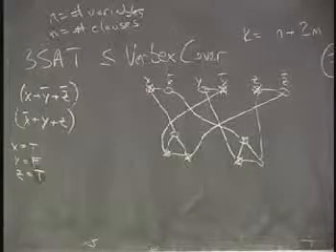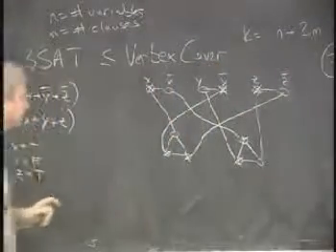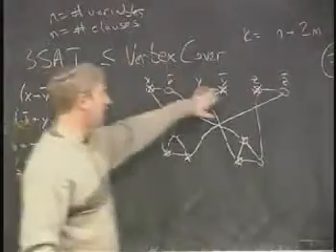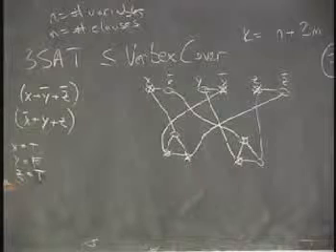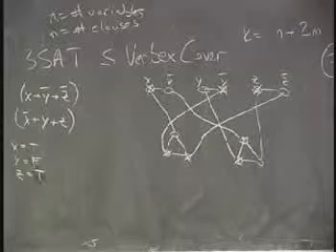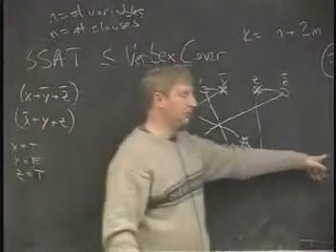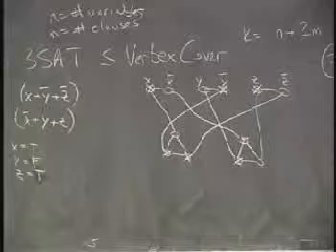What's more of a function? The size of the vertex cover I'm trying to get? I have as many edges as I have variables, and I have exactly as many triangles as I have clauses. So if I have 8 clauses, I'm going to have 8 triangles on the bottom, with lots of edges coming up to the variables to connect them.